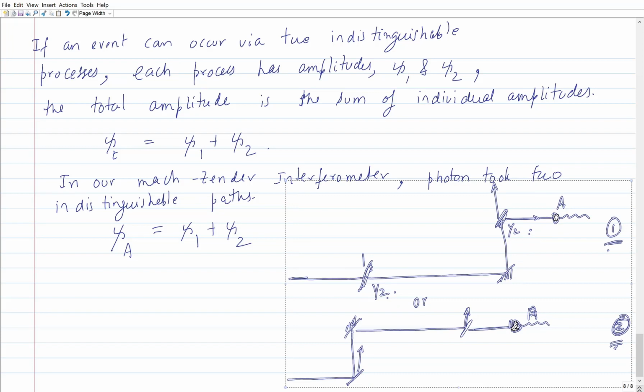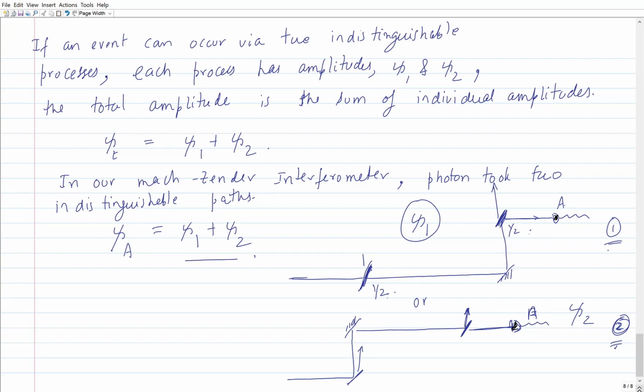So essentially, I associate a probability amplitude psi 1 with 1 and psi 2 with 2. And since the detection at A could either happen through this path or through the upper arm of the interferometer, I add psi 1 and psi 2.